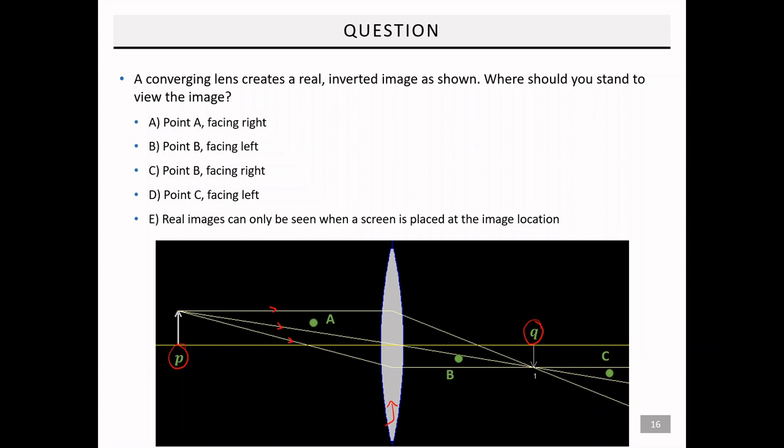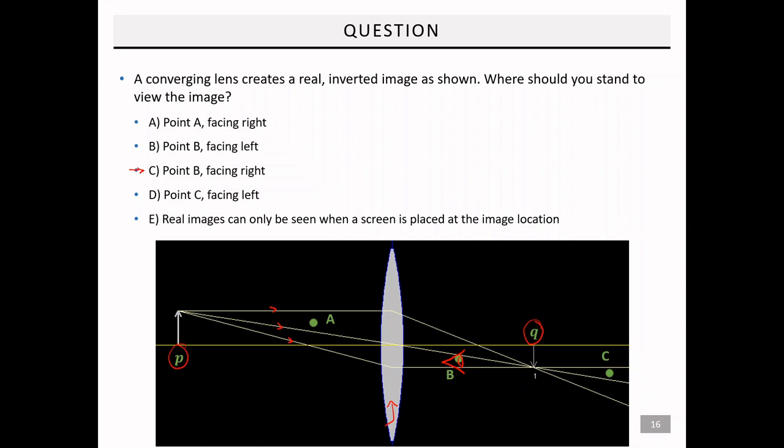The question is, where would you stand to view the image? Now I want you to think about it, but let's rule out one of the answers. So let's look at answer C. Standing at point B facing to the right. So then you would be standing right here and you would be looking to the right.